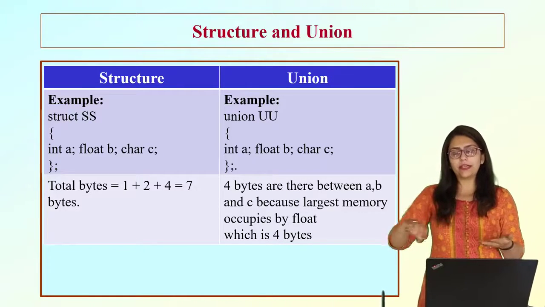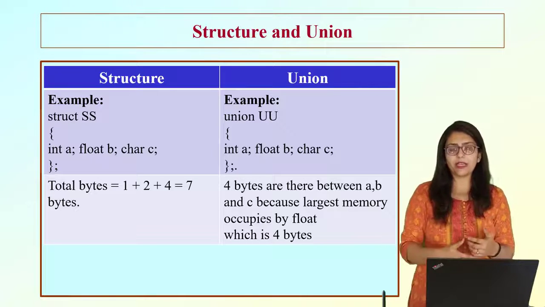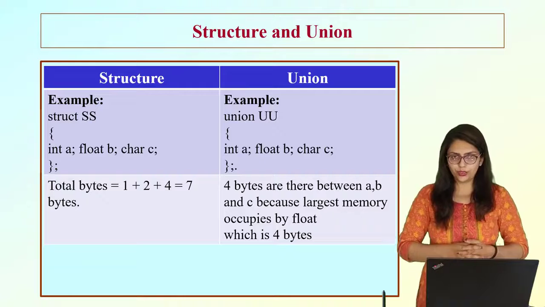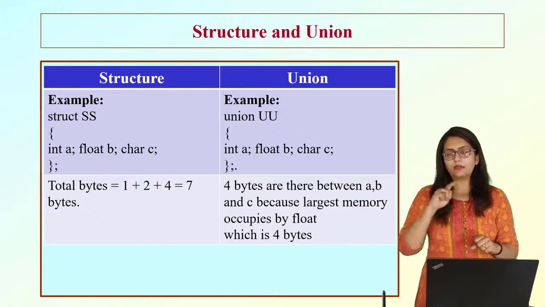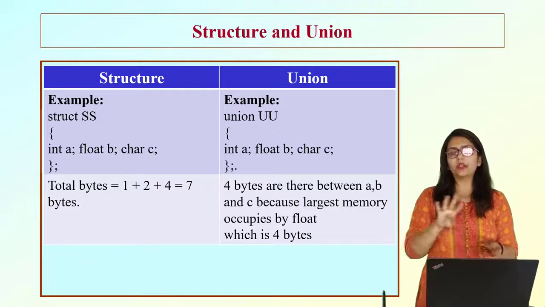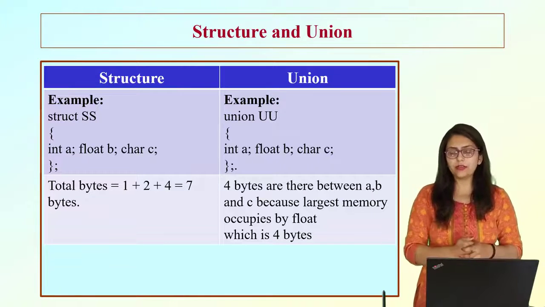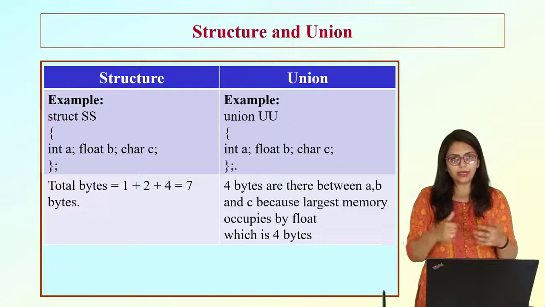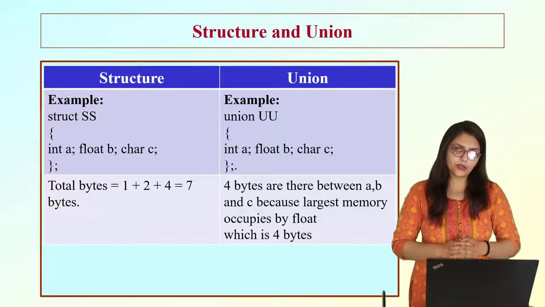Whichever data type occupies the maximum memory determines the size of the union. Suppose you are using a double, among 3 integer members and 1 double member, a total of 8 bytes is given to the union, because 8 bytes are occupied by the double data type. So that is the basic difference between structure and union.